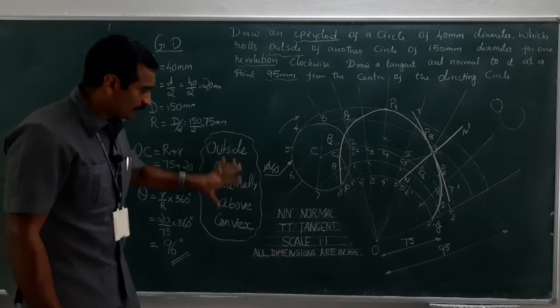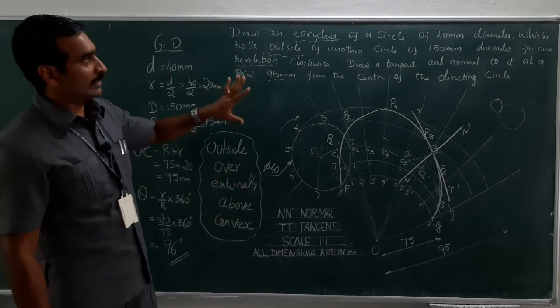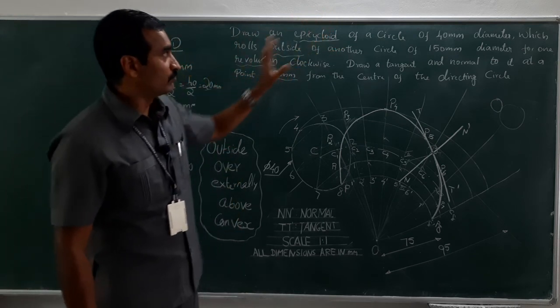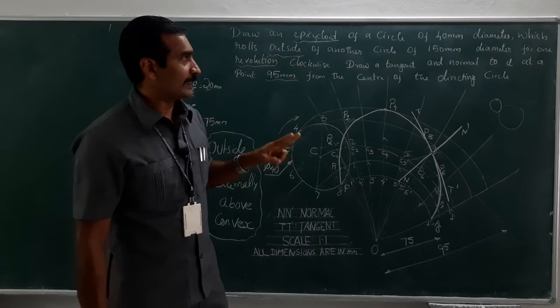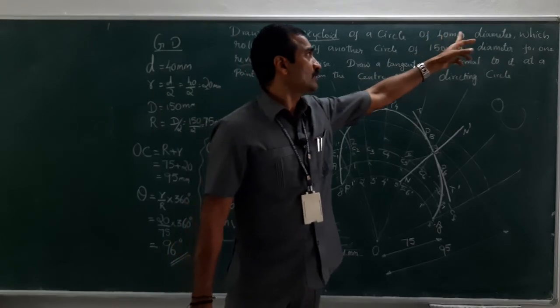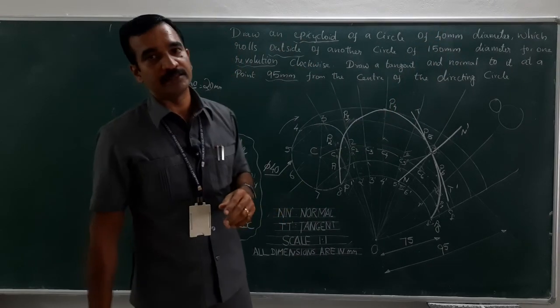So if this word reflects, definitely the curve could be an epicycloid. For an epicycloid, they would specify two radii: one for the rolling circle, the other for the directing circle.